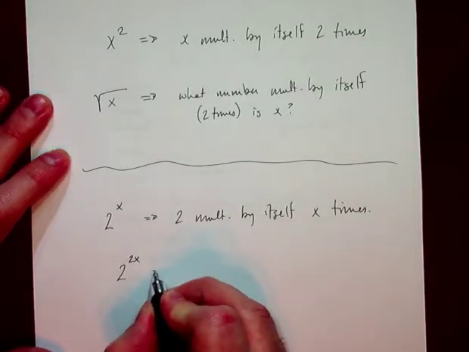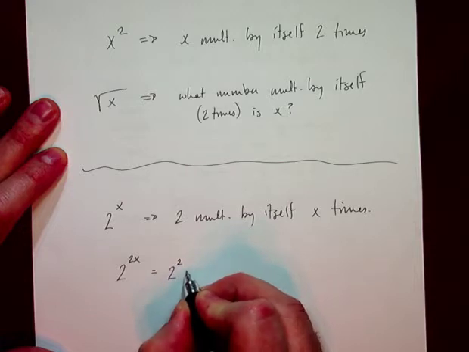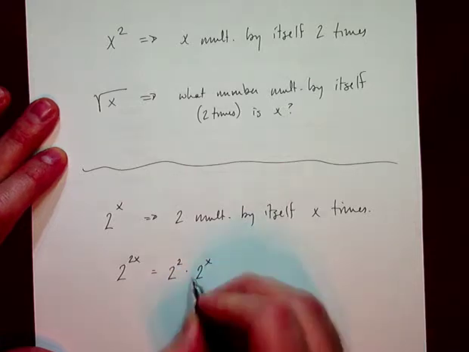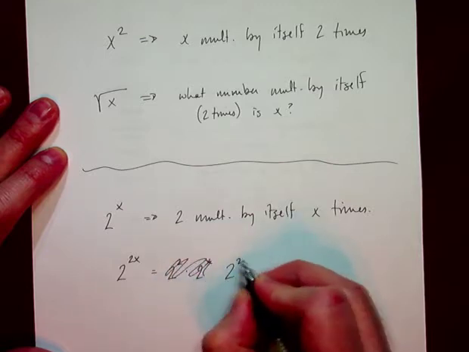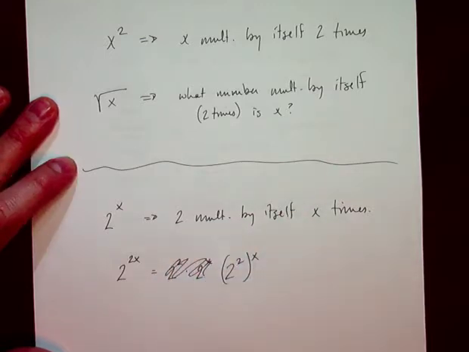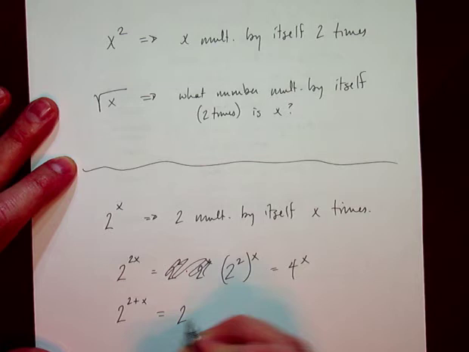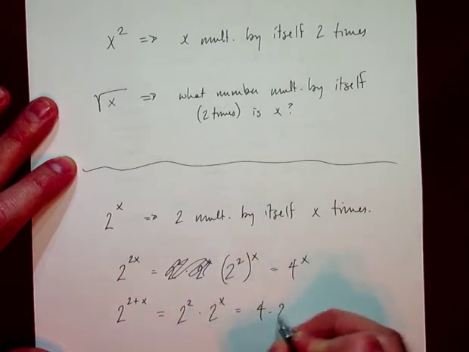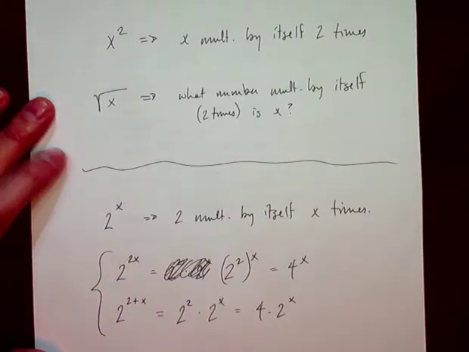This is 2 squared to the x, right? Or 4 to the x. Or if you have 2 to the 2 plus x, that's 2 to the 2 times 2 to the x, or 4 times 2 to the x. So they still abide by the rules of exponents.